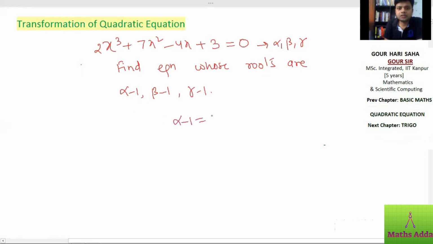Alpha minus 1 is equal to x, alpha is equal to 1 plus x. So replace x by 1 plus x and get the answer.